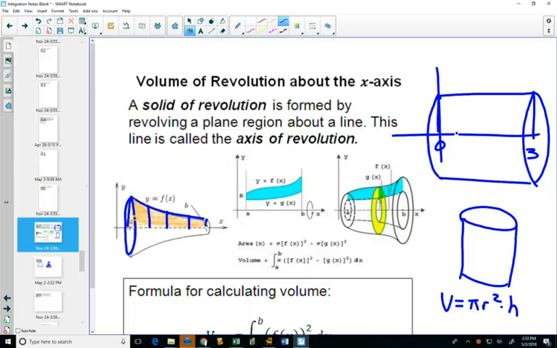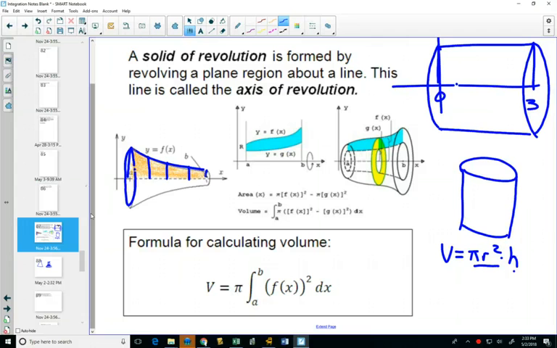Okay? So if we wanted to add up all of those circles, just like we do here, all the circles times the height, we do the same thing. The height is just our function.